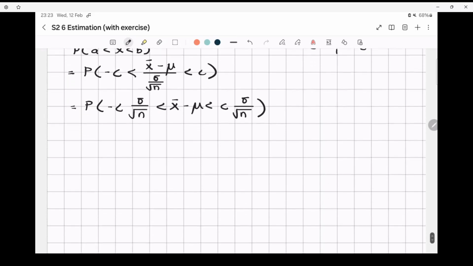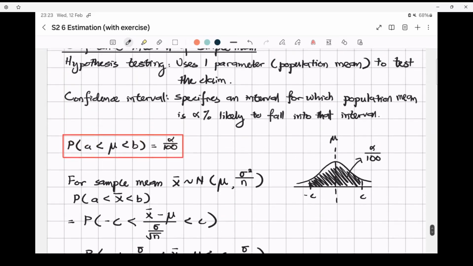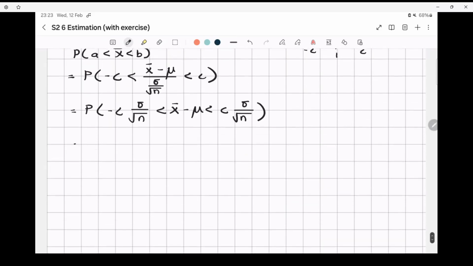Alright. So now you want to get to that particular result. You subtract x bar on the left side and the right side. So you have minus x bar minus c times sigma over square root n, and then you have minus mu.